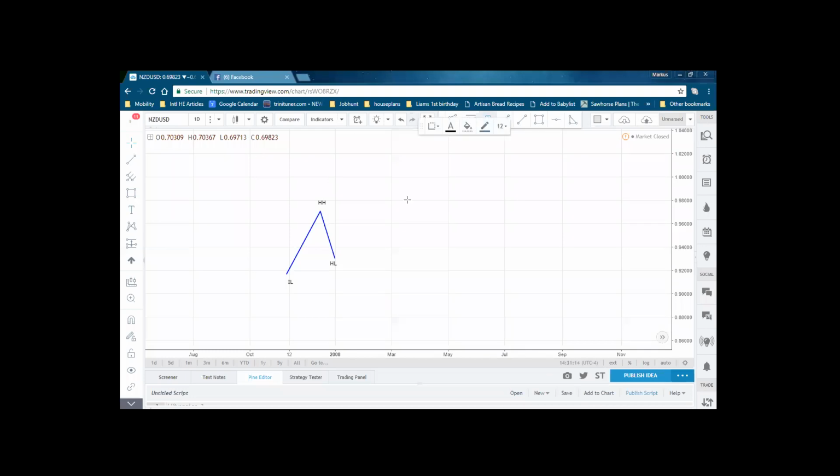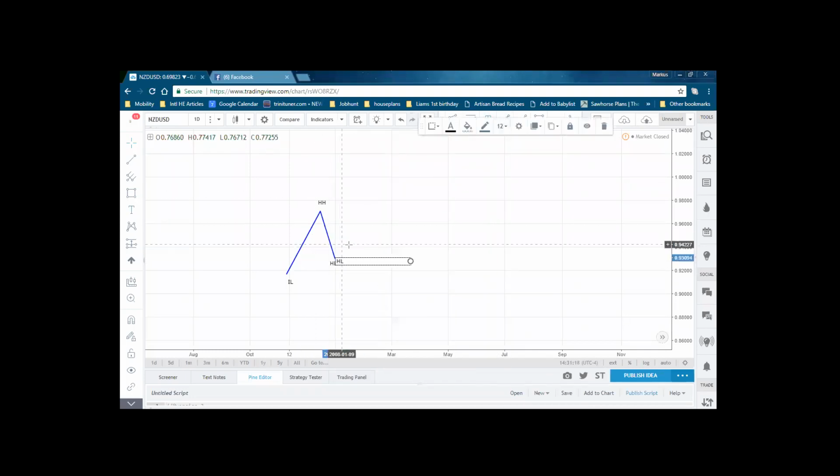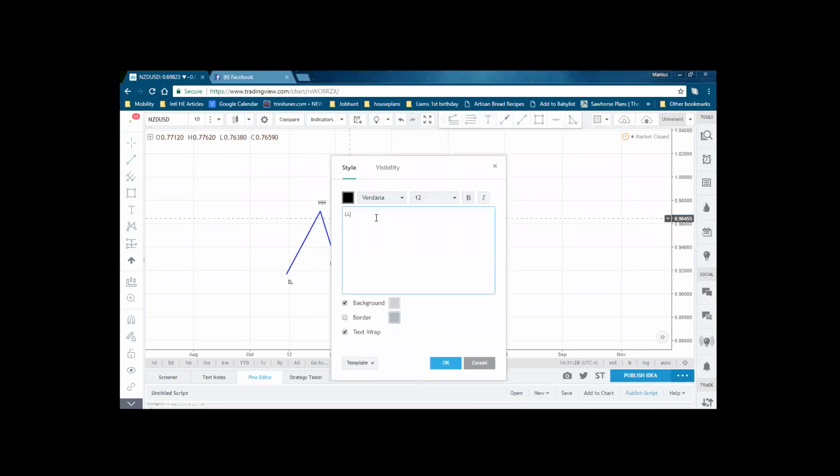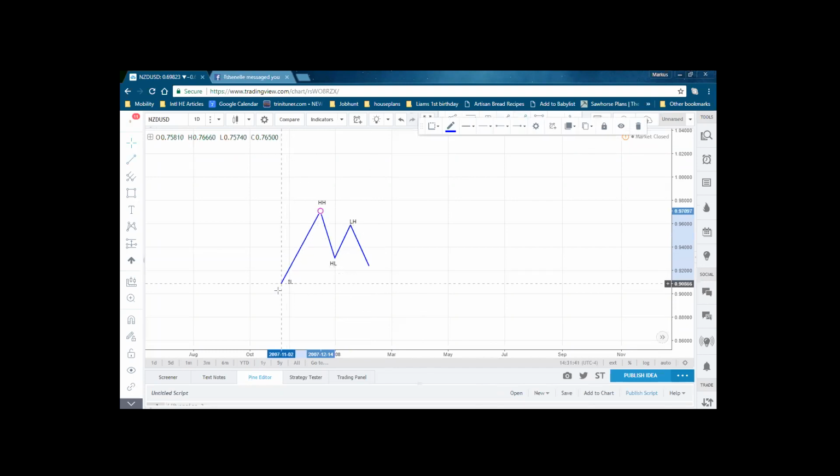But then the market will do something like this. It will form a lower high, and will clearly be rejected at this level and pushed down to now form a lower low.